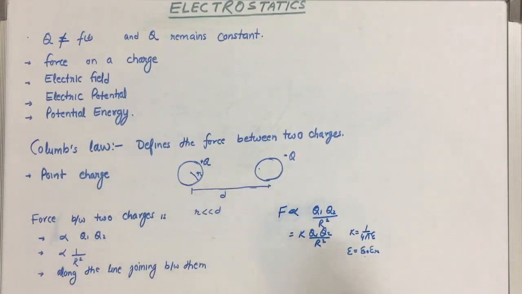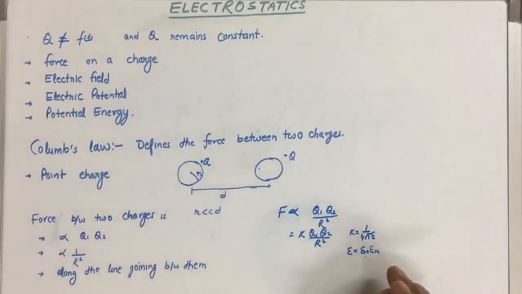And now let us discuss epsilon itself. How can we define this? If we define it, then we can understand this as the ability of material to permit the electric field.